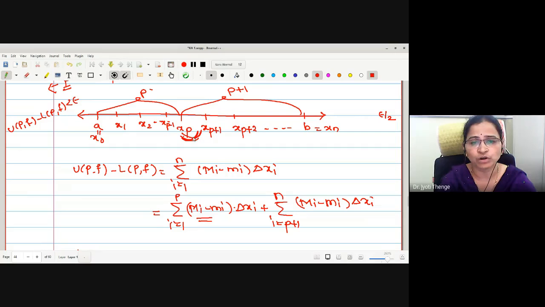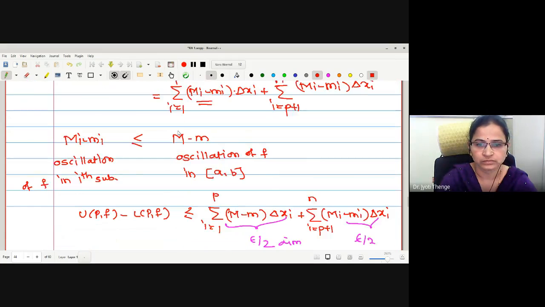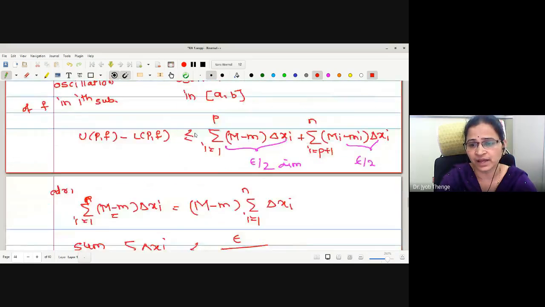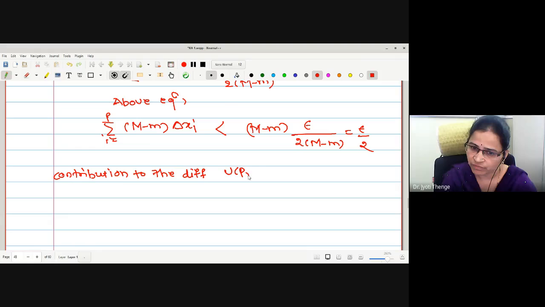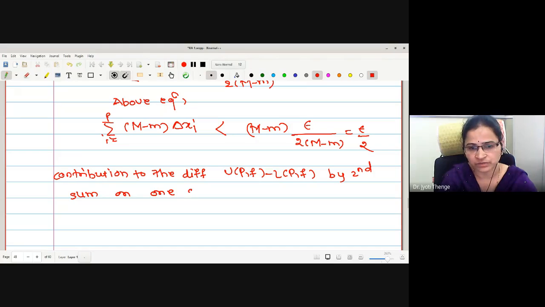Therefore, what should be the contribution to the difference UPF minus LPF by the second sum on one subinterval?